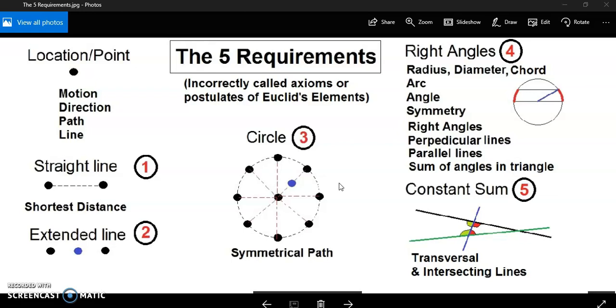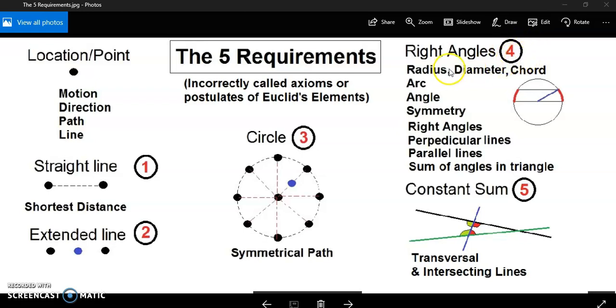The very fact that it is a symmetrical path, okay? That from any part of the path to a given point, which is called the center, the distance is always the same, okay? And so we move from the first 3 requirements to the 4th requirement.